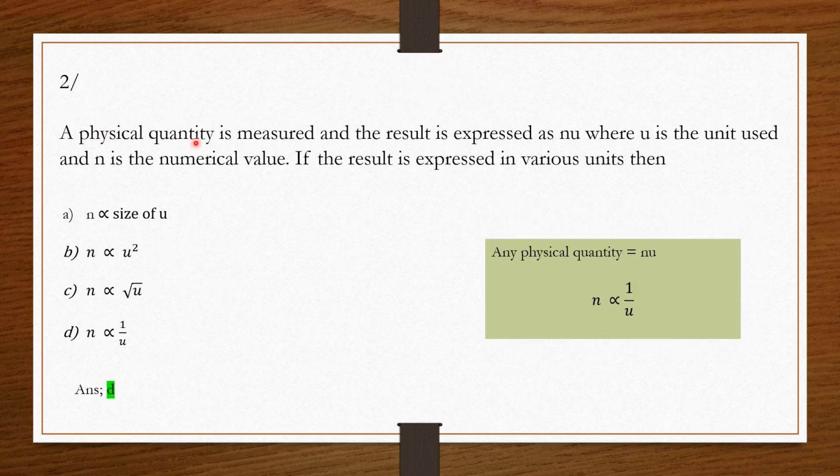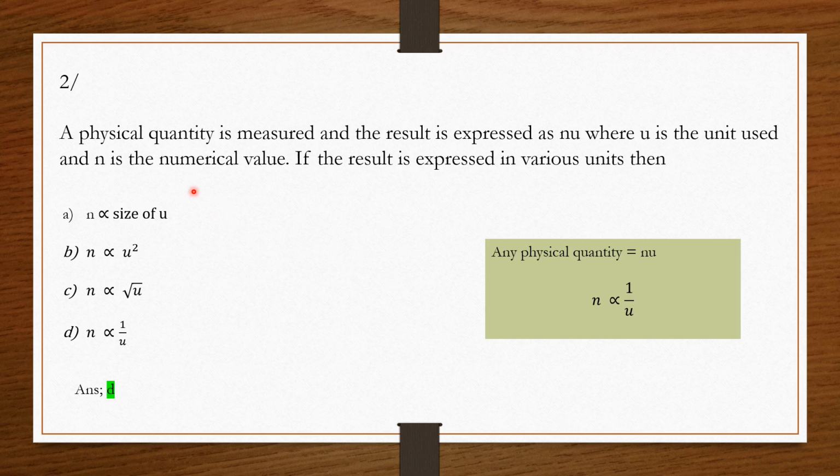Then, a physical quantity is measured and the result is expressed as nu, where u is the unit used and n is the numerical value. If the result is expressed in various units, then the options are: n is proportional to size of u, n is proportional to u square, n is proportional to root u, and option D says n is proportional to 1 by u.